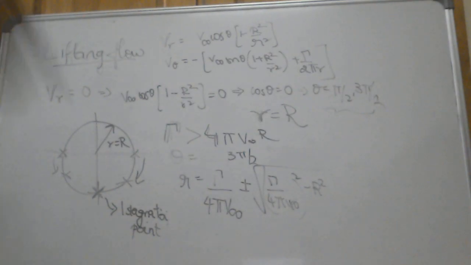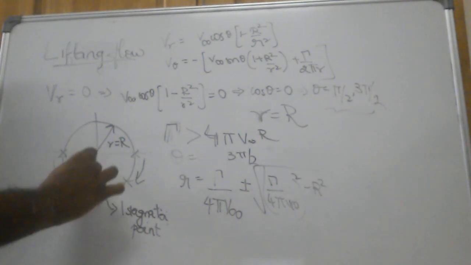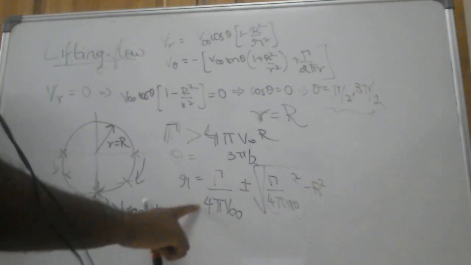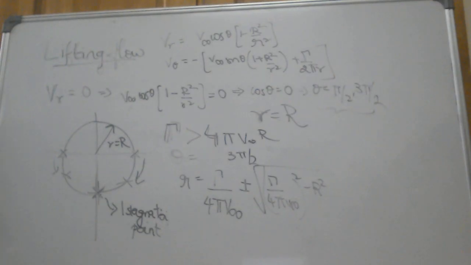So this would be the radial locations at which the stagnation points occur. So if I have to plot this in this figure, I'm looking at theta equal to pi by 2, which is a line like this, and I'm looking at radial locations corresponding to these quantities. So these quantities will essentially yield two radial locations.